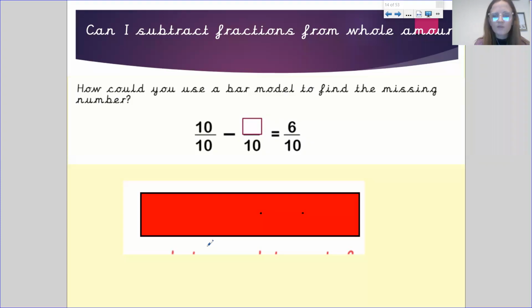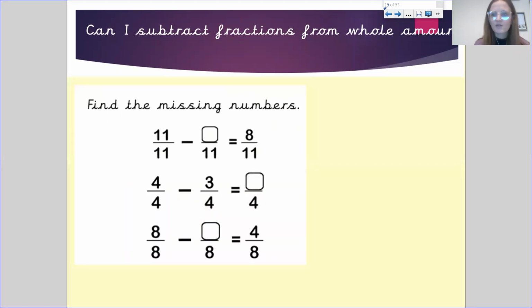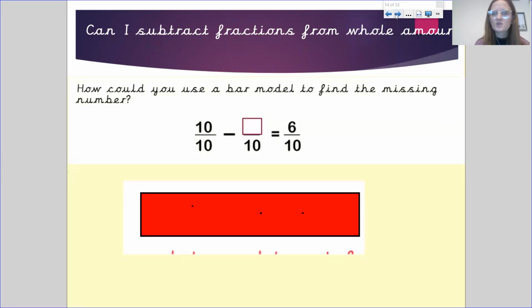Sorry, I seem to be having a bit of a problem here. It won't let me select what I need. Clear drawing. Okay, well, it is correct, but let's move on and have a look at the rest of our questions, and then we will carry on.